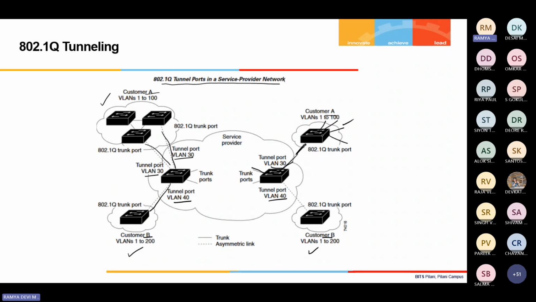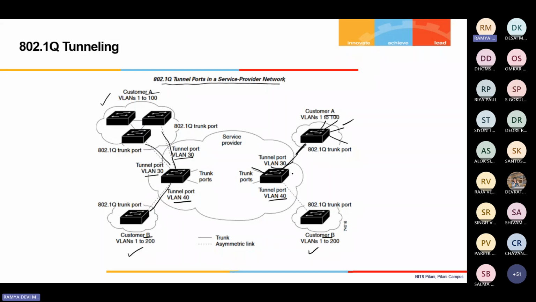With this setup, the customer's tagged information will enter the service provider's network without altering the inner VLAN identifiers. So the VLANs can be reused across different customers without any conflict.